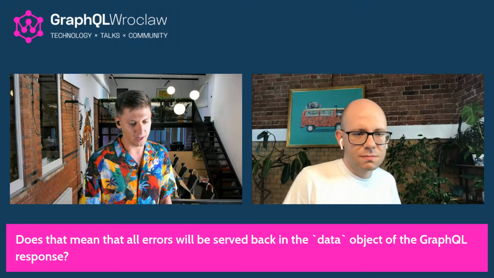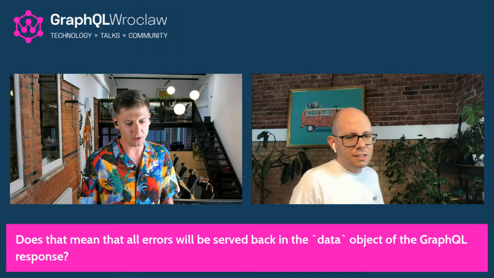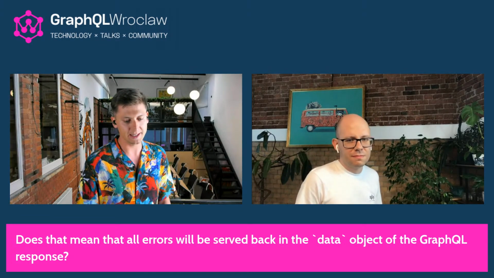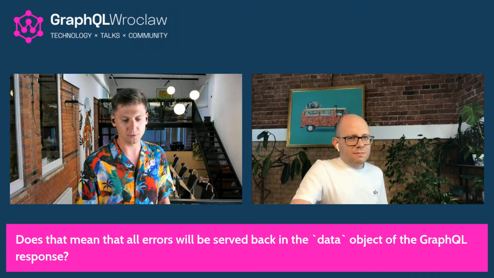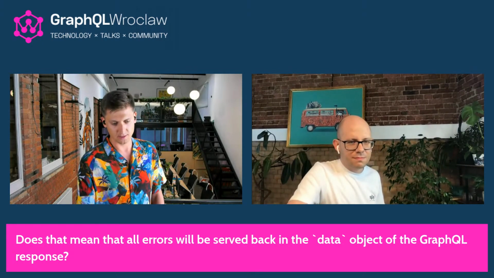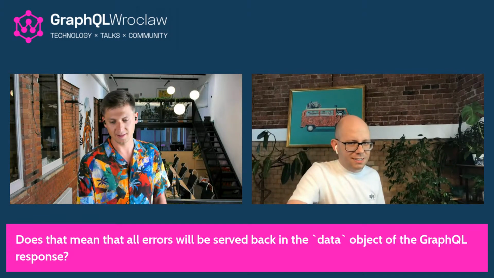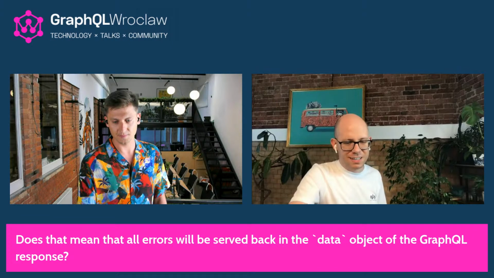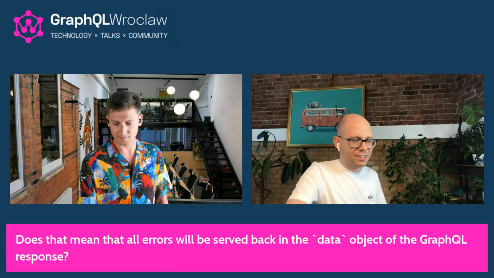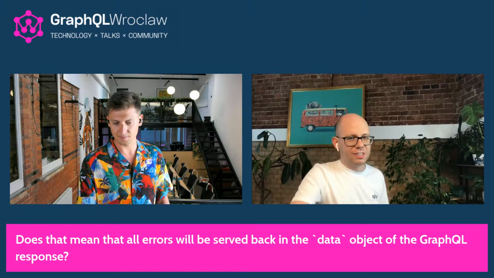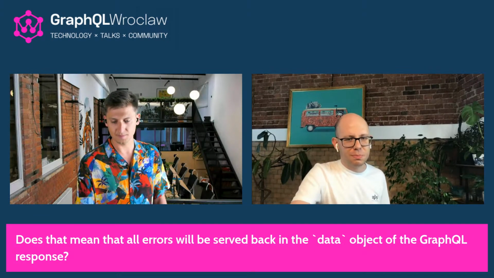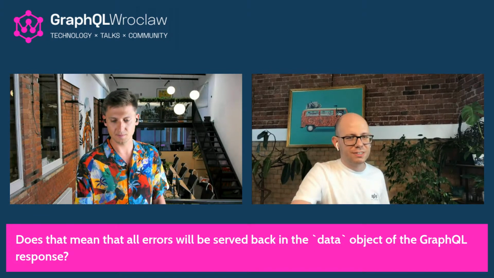So Rafał, does that mean that all errors will be served back in the data object of the GraphQL response? So, great question. I'm not sure if this is about the validation or the second one, but the response that comes to my mind is that it's absolutely up to developers which errors you want to put in the data object and which ones you want to put in the error payload.